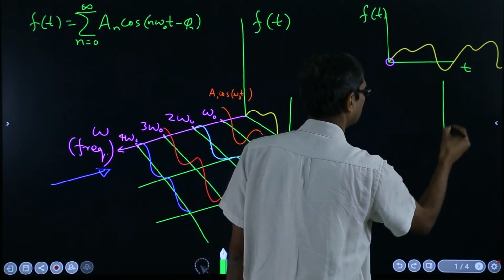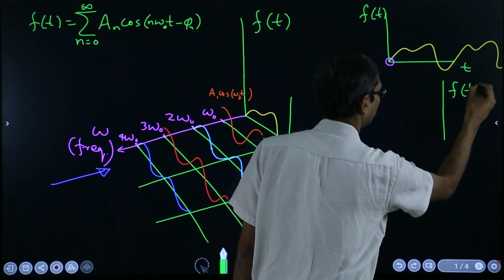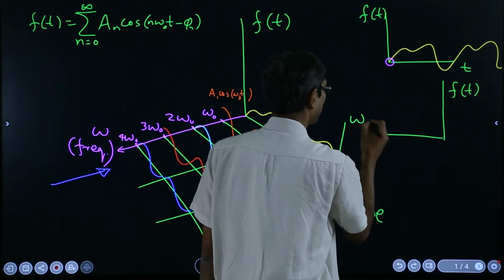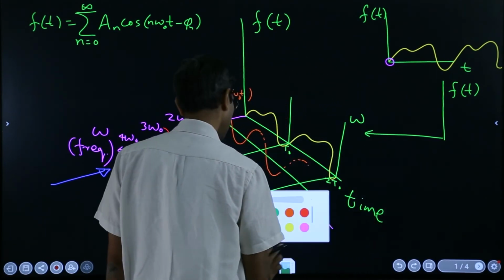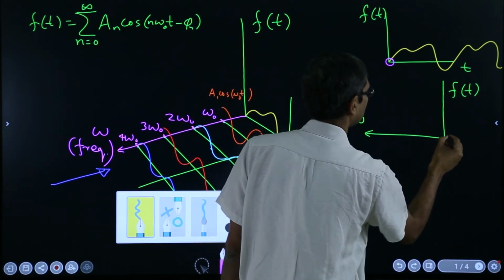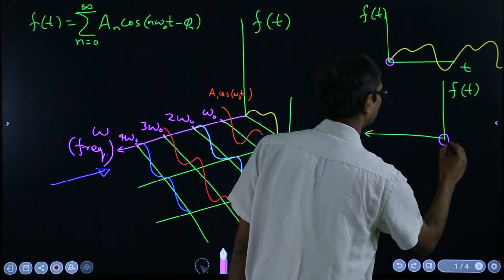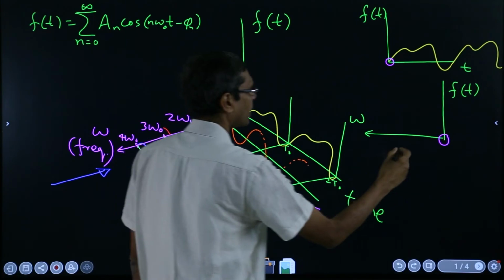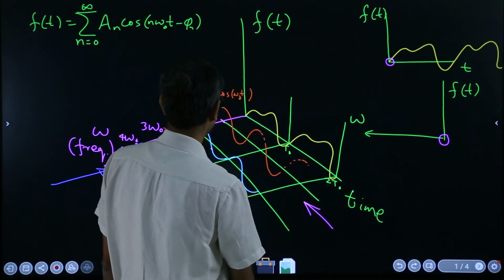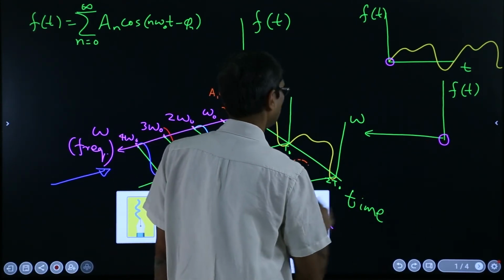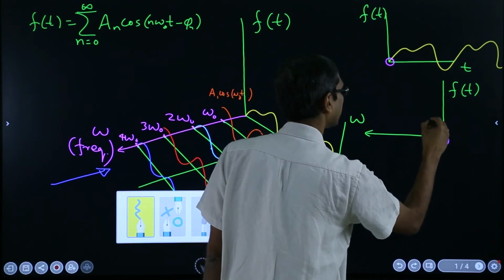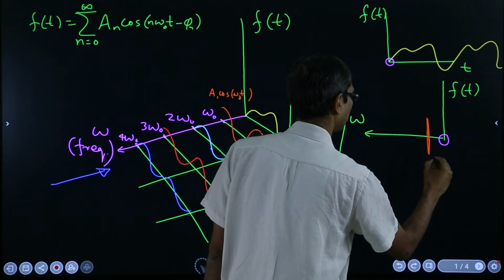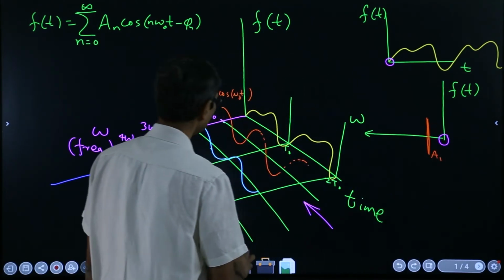This is f of t, this side is the omega axis, and your time axis is coming out like this. At omega naught you will see a cos function with a1 amplitude.